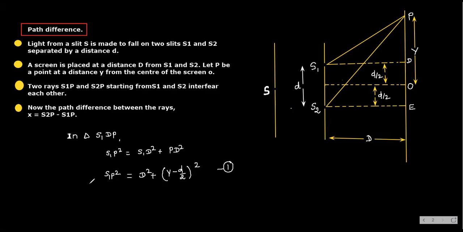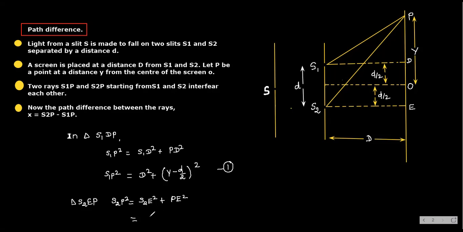Okay, understood. Next, similarly, from triangle S2EP, in the S2EP triangle, S2P whole square is equal to S2E square plus PE whole square.